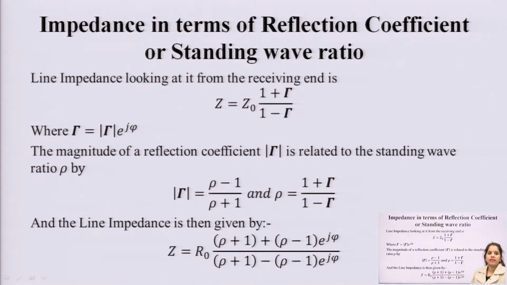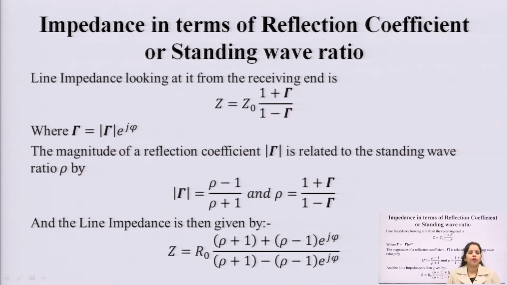So, the first topic is the impedance in terms of reflection coefficient or the standing wave ratio. All of you are already aware of the terms reflection coefficient and standing wave ratio. When somebody asks when the reflection coefficient and the standing wave ratio come into existence, the only answer you should give is that when there is a mismatch in the impedance of the load and the transmitting end, or we can say between the characteristic impedance and the load impedance, and between the generator end and the load impedance.